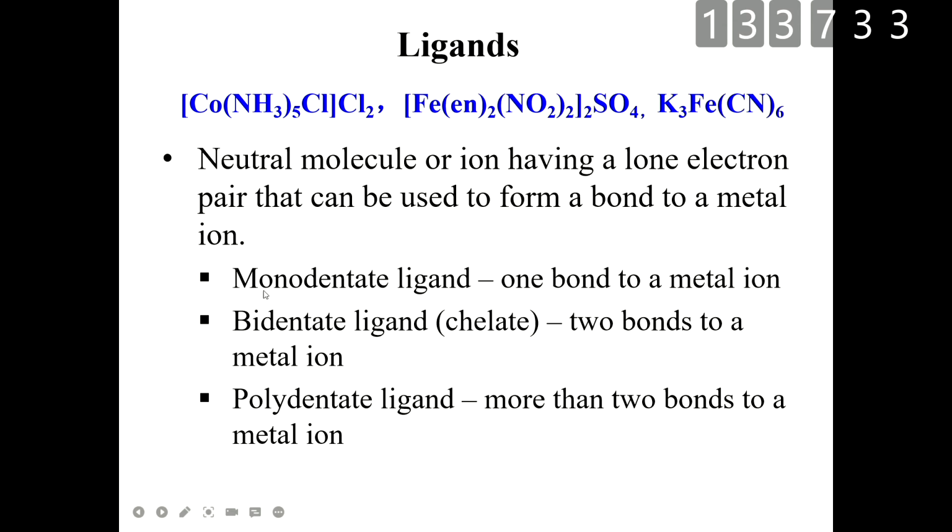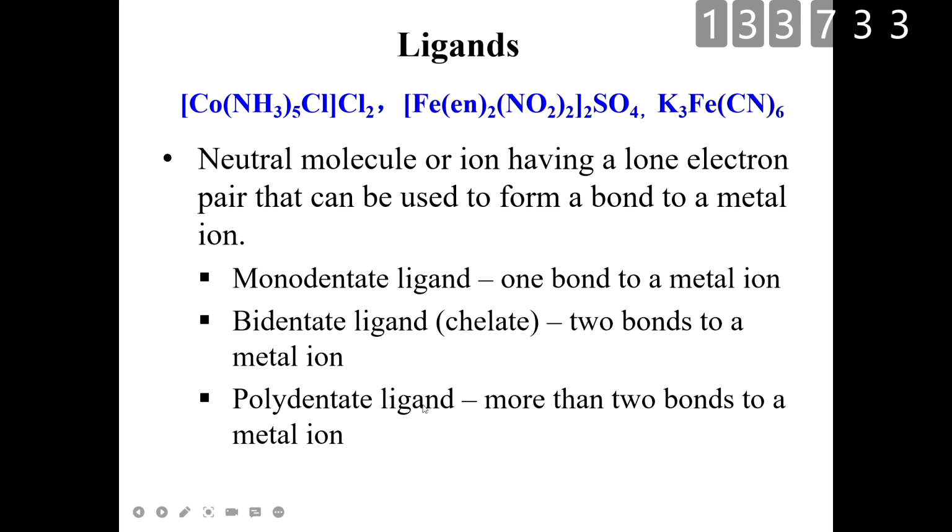So what's monodentate? Monodentate is with one bond, just forming one bond to a metal ion. The ligand can also form 2 bonds to a metal ion. So it's called bidentate, bi is with 2, right? Bidentate ligand. Or more than 2 bonds to metal ions is called polydentate. Poly is with many, okay?